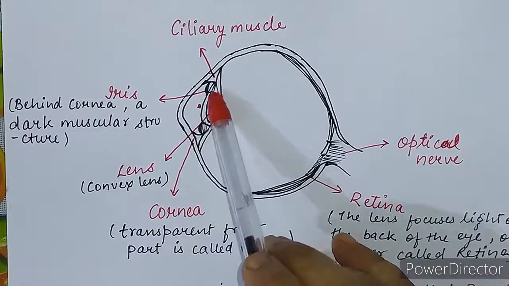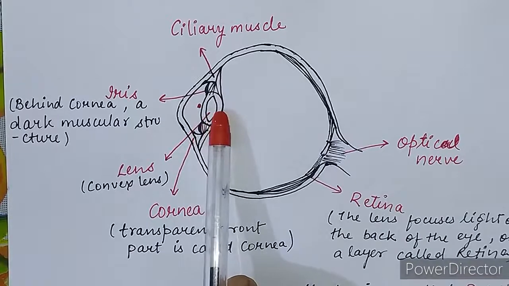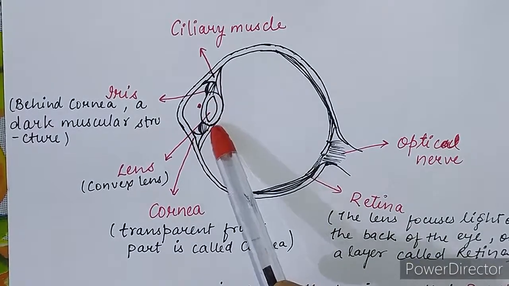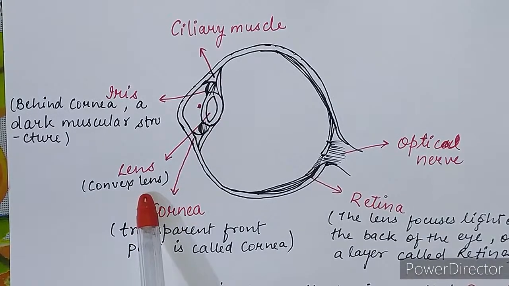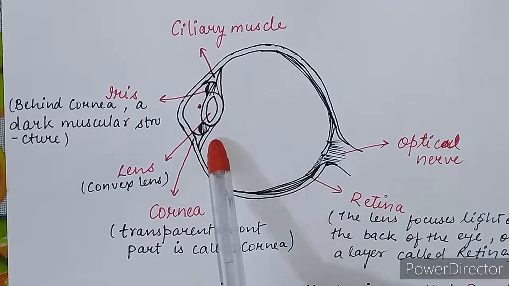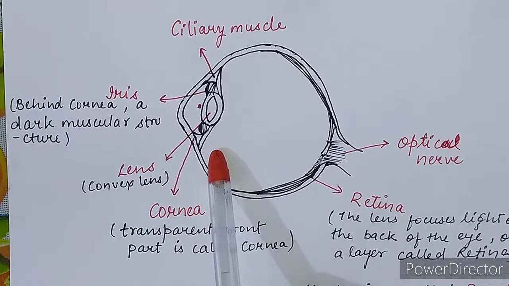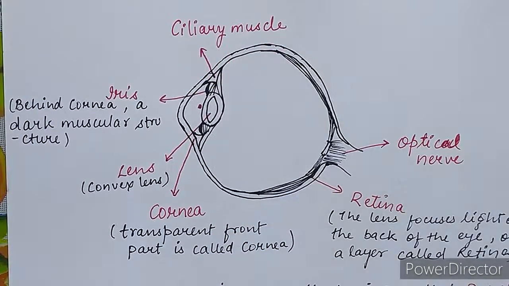Behind the pupil there is a lens which is thicker at the center and thinner at the edges, which is a convex lens. The contraction and extension of the lens is completely done with the help of the ciliary muscles.